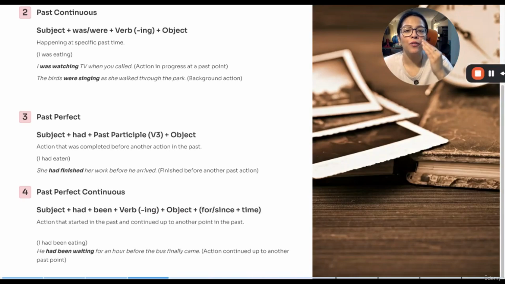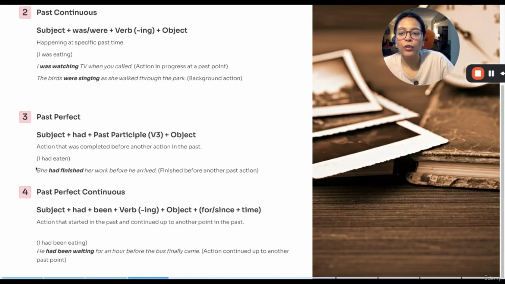Now, the first action which happens will have the formula for past perfect, and the second action will have simple past. I will tell you how. The formula is subject plus had plus past participle, that is the third form of the verb, and object. Kindly note, you will be able to find a list of verbs and their third form in the resource section.